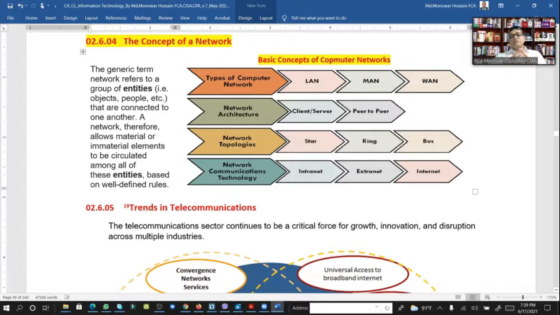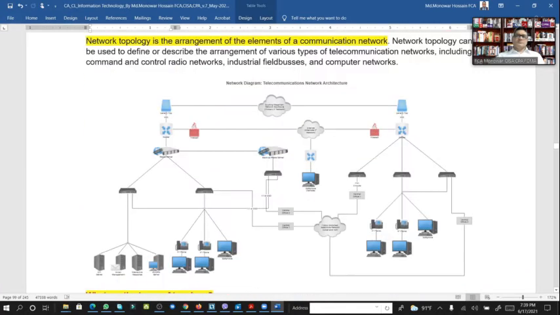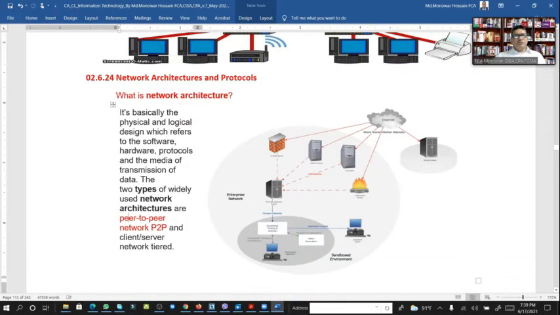And we are discussing network architecture. Here there are basically two types of architecture: peer-to-peer and client-server network. So this is the network architecture.